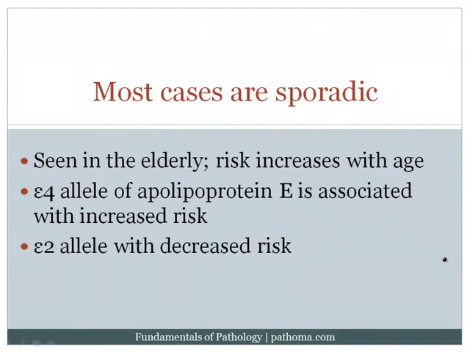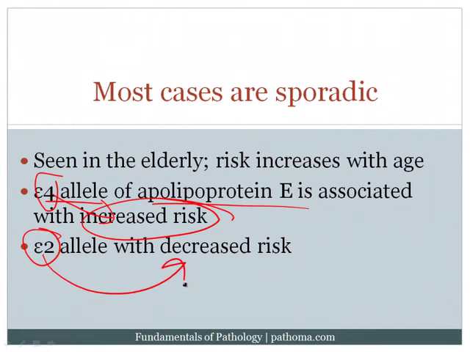Now, with that in mind, let's go back and read the text. So we say that most cases are sporadic. The sporadic form is seen in the elderly. The key risk is age. There's also an association with the epsilon 4 allele of apolipoprotein E. Of course, the epsilon 4 is associated with an increased risk, and the epsilon 2 allele is associated with a decreased risk.